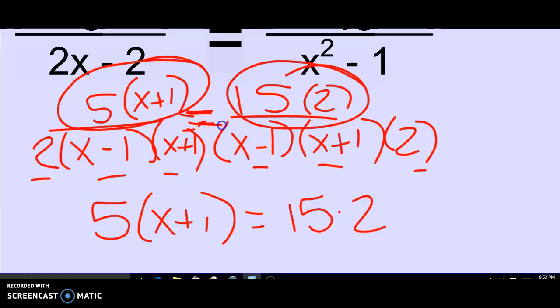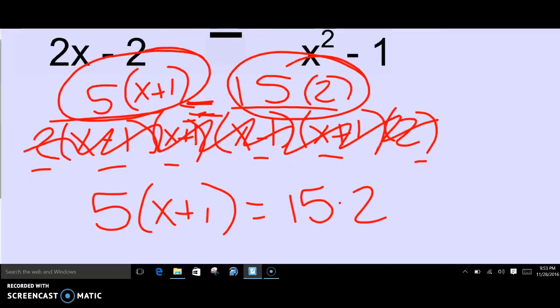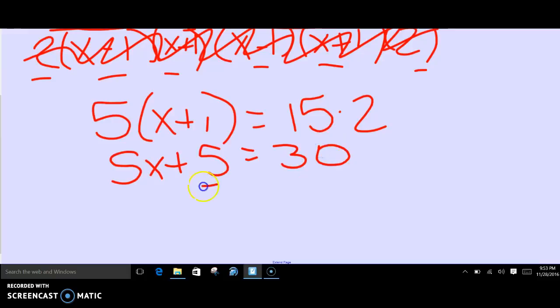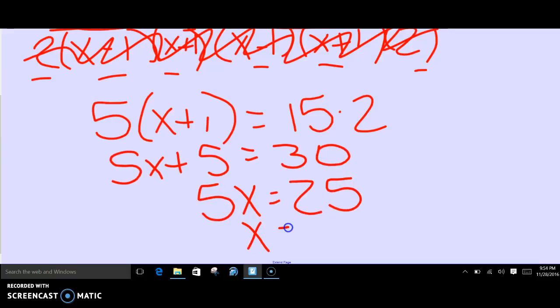Remember, they're equal to each other, and these denominators are all the same, so we drop them. So go ahead: 5x plus 5 is equal to 30. 5x is equal to 25, and x is equal to 5.